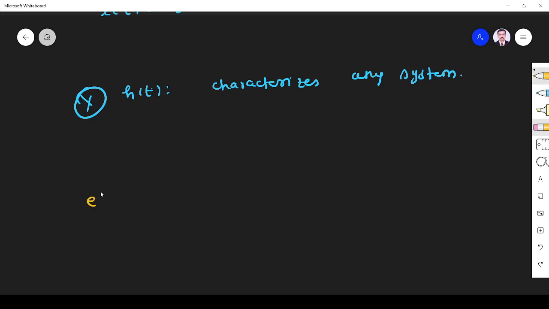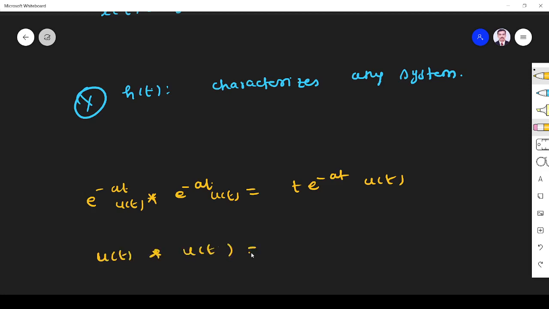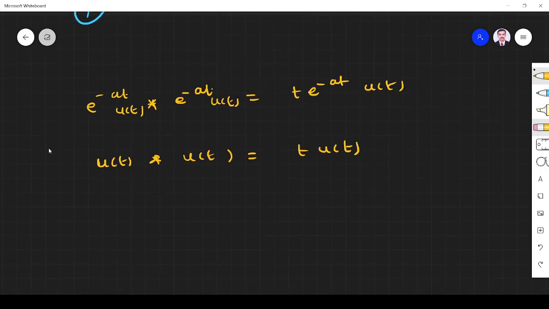So what are those? e^(-at) star e^(-at). For this, the answer is t into e^(-at) u of t. So here add u of t, here add u of t. Similarly, u of t star u of t, that is given by t into u of t, right?